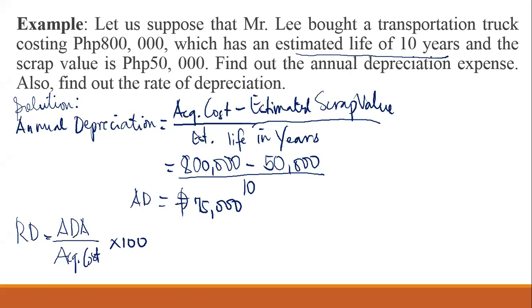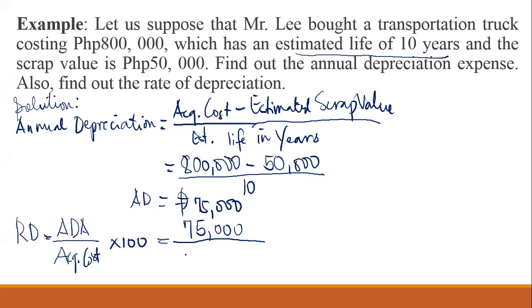Okay, so to find out for the rate of depreciation, so sabi natin kanina, rate of depreciation is equal to the, so ano yung ADE? Annual depreciation amount over the acquisition cost times 100. Okay? So, ano ulit yung annual depreciation amount natin? So, ito na siya. That is equal to 75,000 pesos.